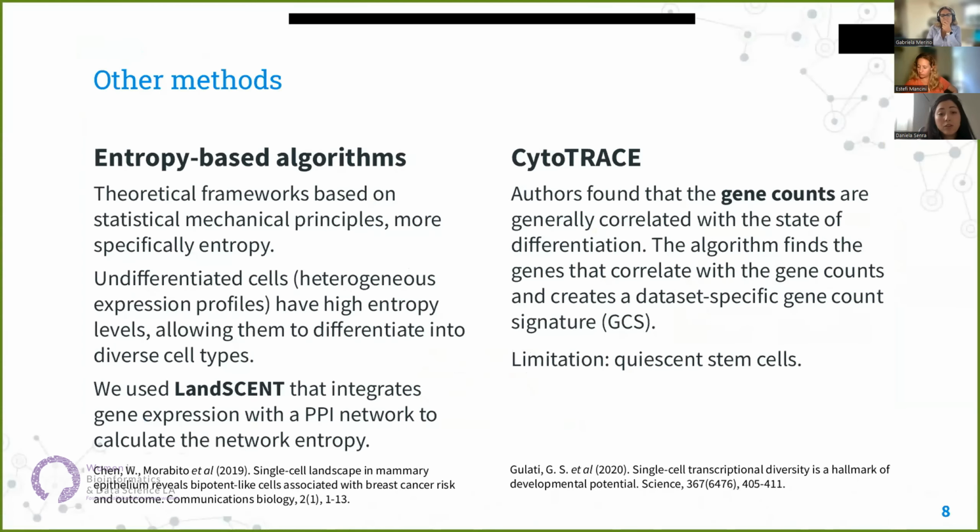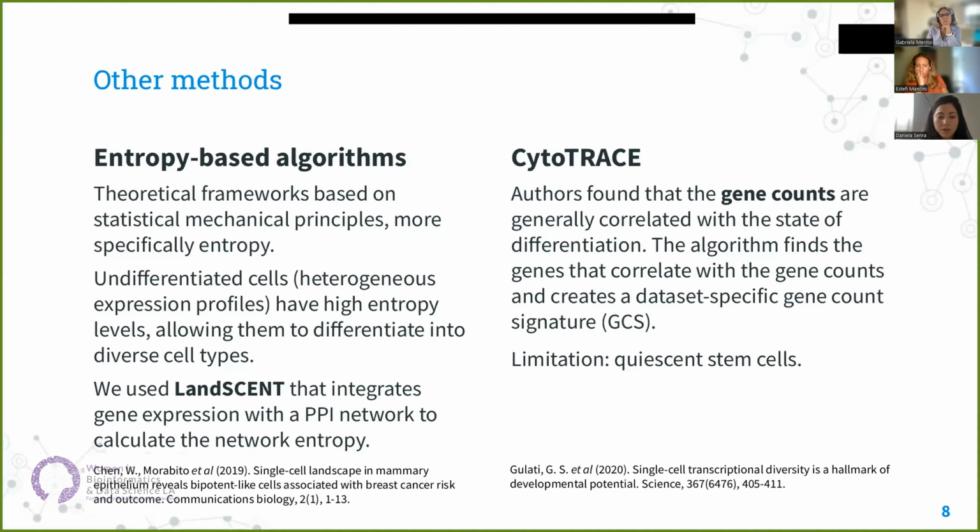There are other methods to quantify the potency state of individual cells. There's a group of methods based on statistical mechanical principles, specifically based on entropy. What these methods rely on is that undifferentiated cells have high entropy levels.